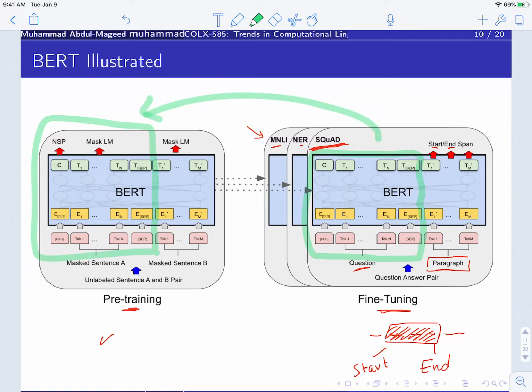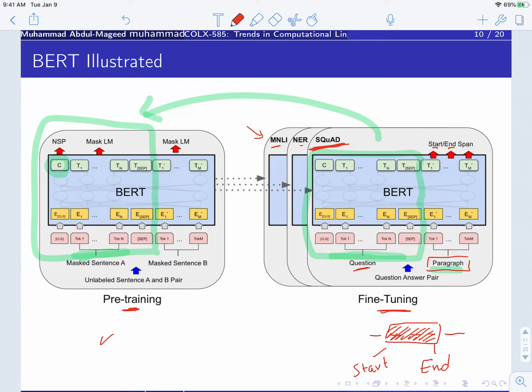Okay, so this part was the sentence A, and we got a good representation to summarize it. And now this part is going to be our question, okay, and we want to get some good understanding of this question and so on, and then we will use that understanding to find the answer from the paragraph.